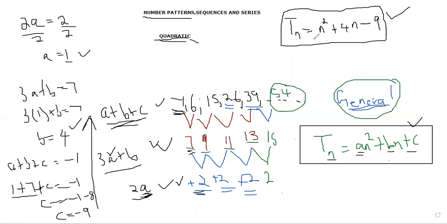So then from here, what we can do is simply, oh guys, we made a mistake here. Our B is 4, it's not 7. It's 4, sorry.